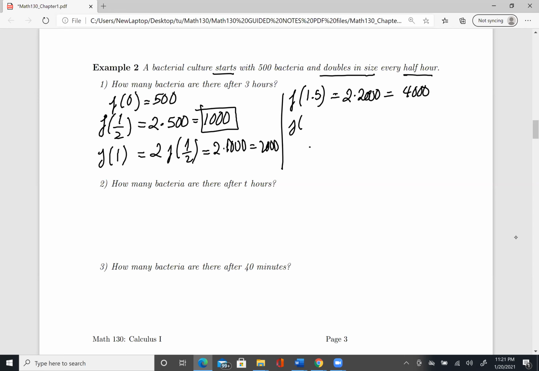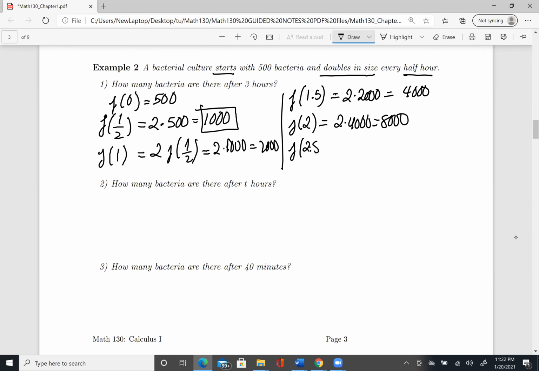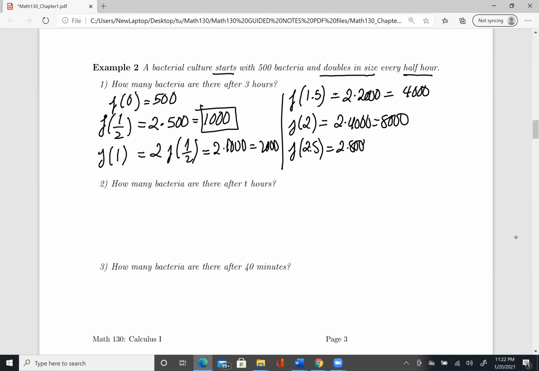F of 2, if I add a half more, is going to be 2 times 4000, 8000. F of 2/2, and that's going to be 2 times 8000, going to be 16,000.